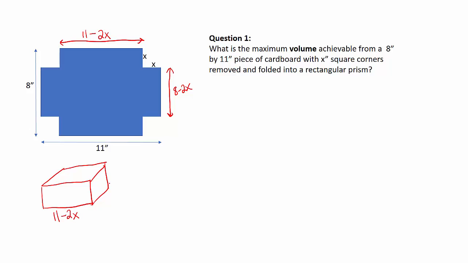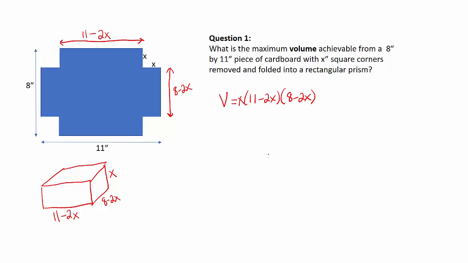The width here would be the 8 minus 2x. And the height of the box we get from whatever this x is, right? That's creating the height. So we'll label that x. So the volume is the length times the width times the height. I like to put the height in front over here.